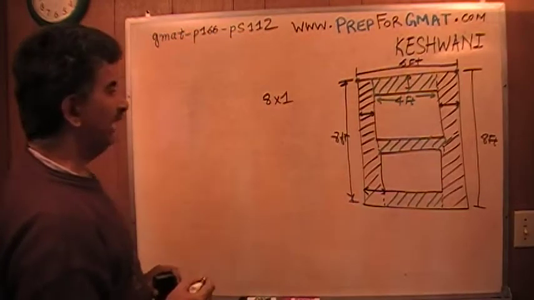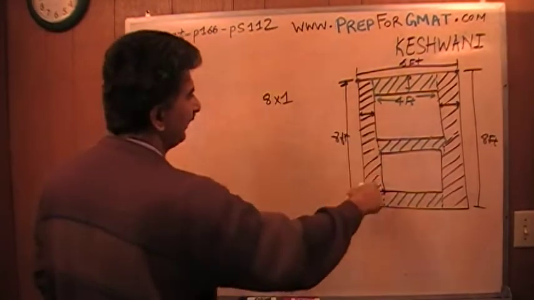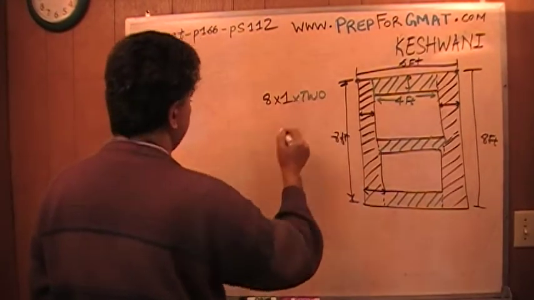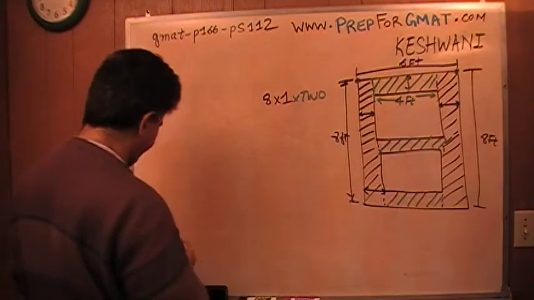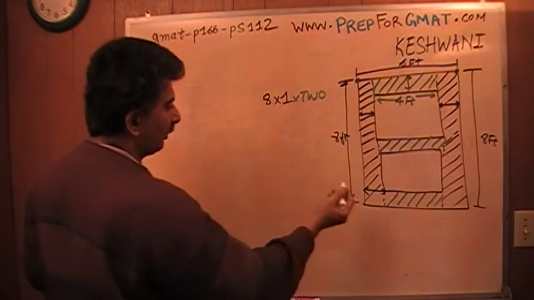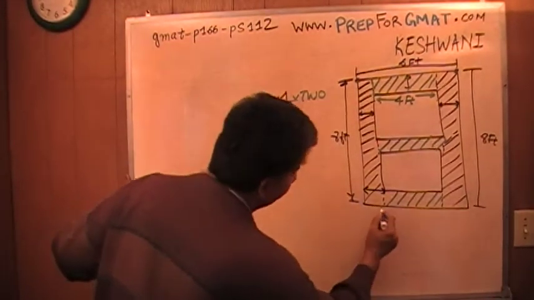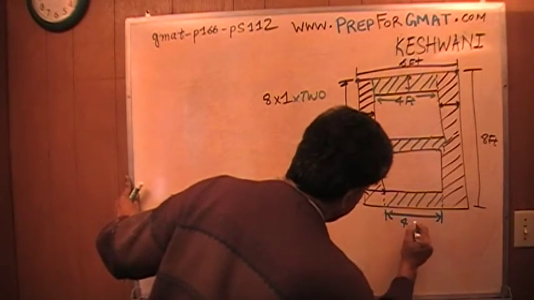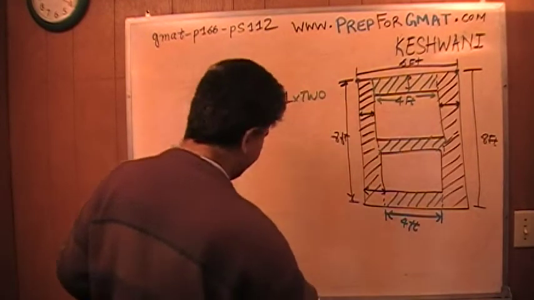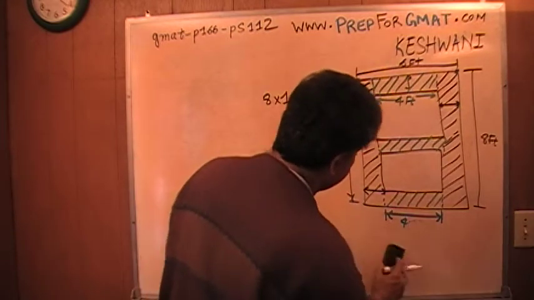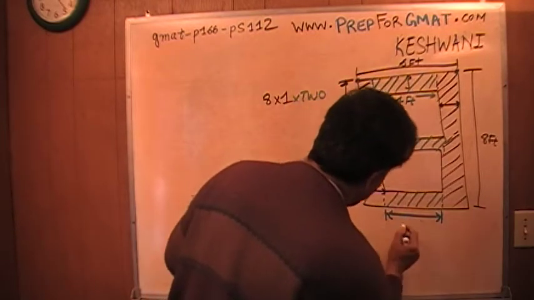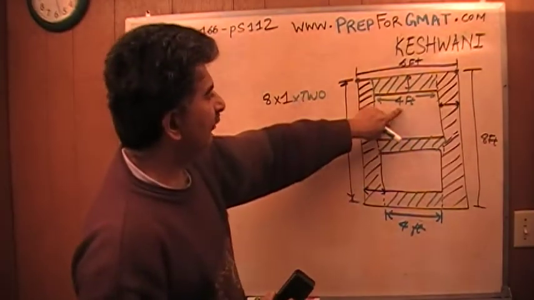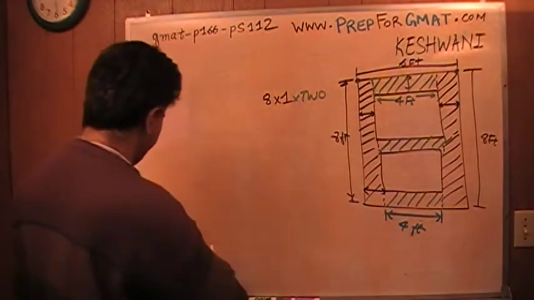So what we are dealing with is 8 by 1 on this side and 8 by 1 on that side, and we have 2 of those. And then we have 4 by 1, from here to here is 4 feet, as I explained to you before. And we have 3 of those.